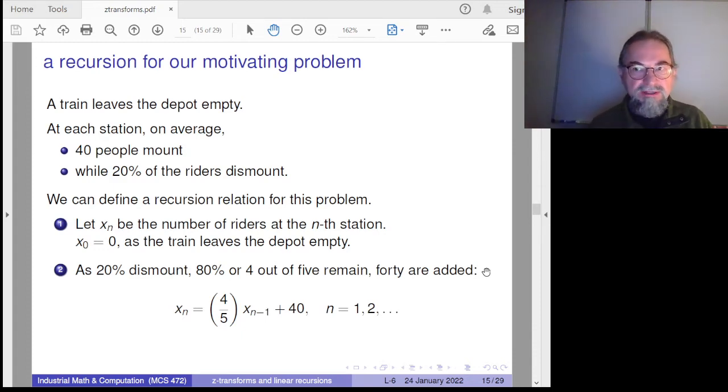But let's now take these numbers, 40 and 4 over 5, as exact numbers. You can't really have 4 out of 5, you can't really have fractions of people, but it will turn out that the recursion relation will actually show something.